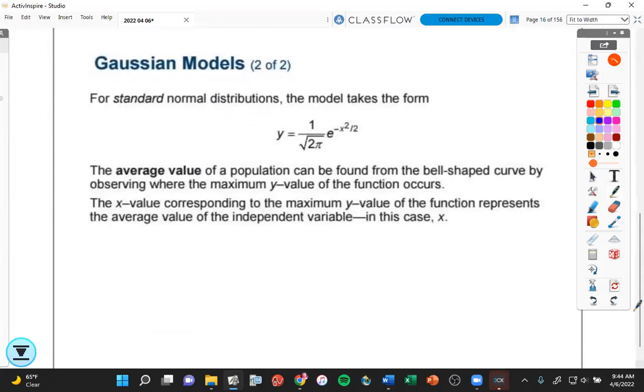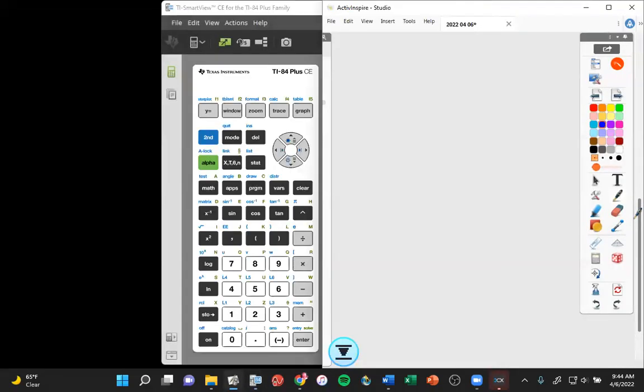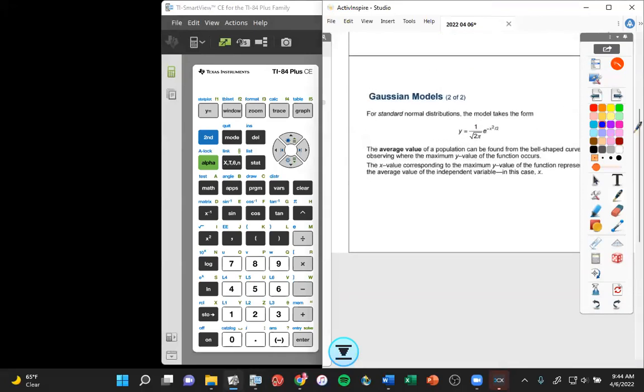Graph that. Actually look at the graph. You can see that, can't you?